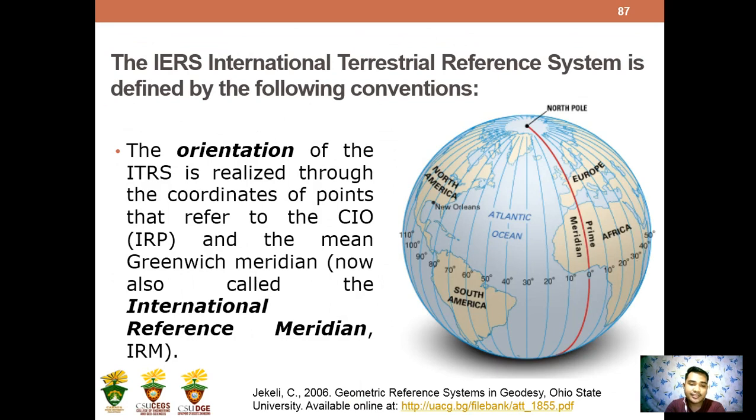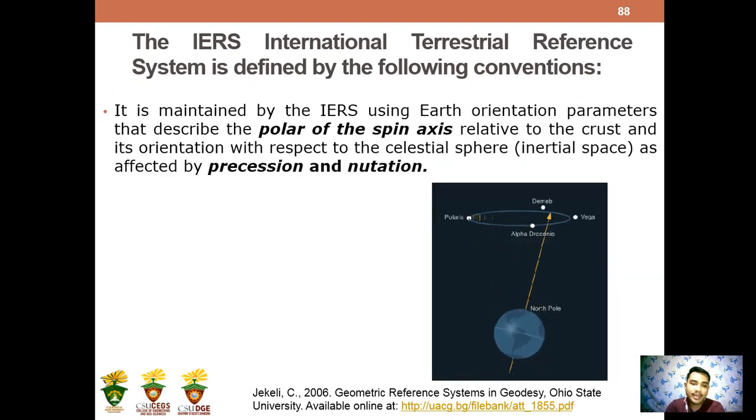Another one, the orientation of the ITRS, is realized through the coordinates of points that are referred to the CIO or IRP and the mean Greenwich meridian. Now, it is called the International Reference Meridian or IRM. And it is maintained by the IERS using Earth orientation parameters that describe the polar motion of the spin axis relative to the crust and orientation with respect to the celestial sphere that is affected by precession and nutation.